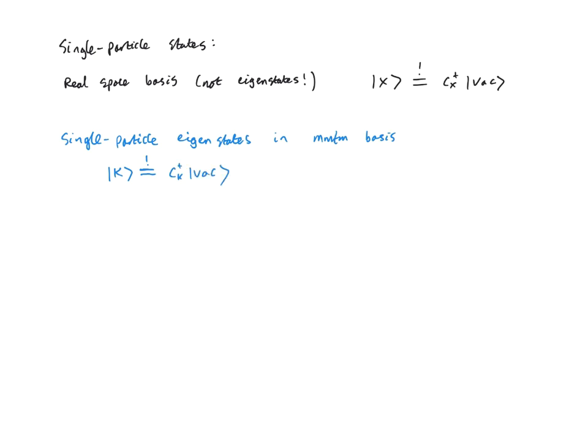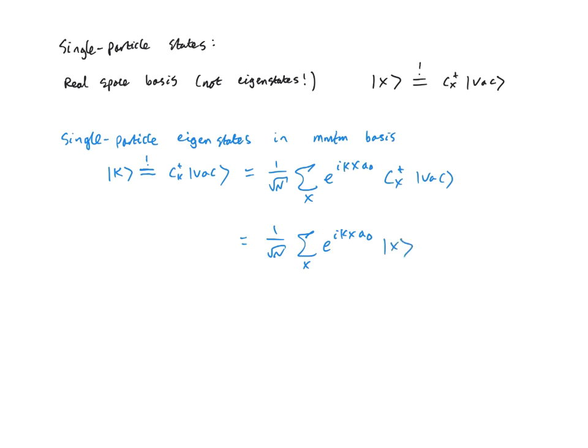But of course we know how to go from c_k's to c_x's, and therefore I can just write this as 1 over root N, the sum over x of e to the i k x a_0 times c_x dagger acting on the vacuum, which is precisely this expression in terms of the x states.